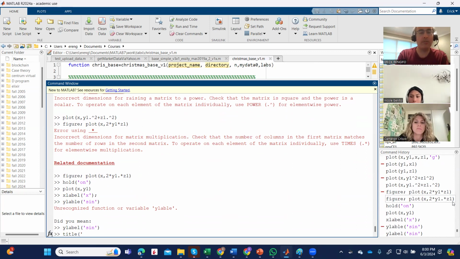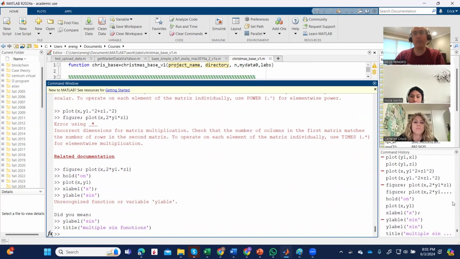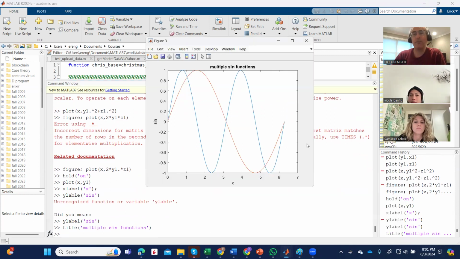What do you want to call it? I know. Multiple sine functions. Just names. Okay, if you take a look at your graph now, multiple sine functions, your x, your sine, etc. Make sense to you, guys?